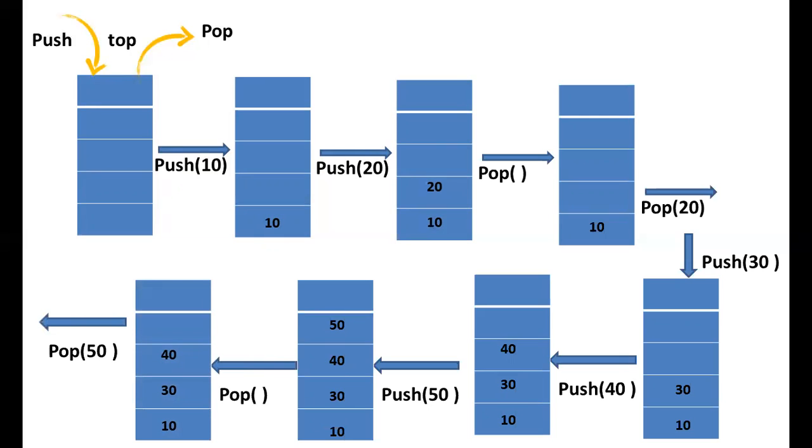If you have already inserted all five elements, then you cannot push a sixth element, of course if you use static memory allocation. If you had used dynamic memory allocation, then you can increase the capacity of the stack by using the realloc function. These push and pop operations we can perform by using the variable top.